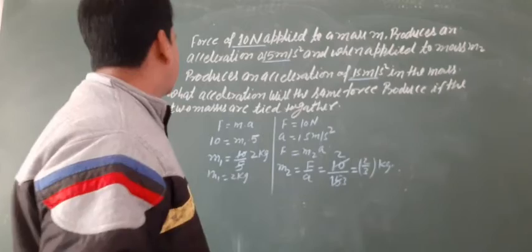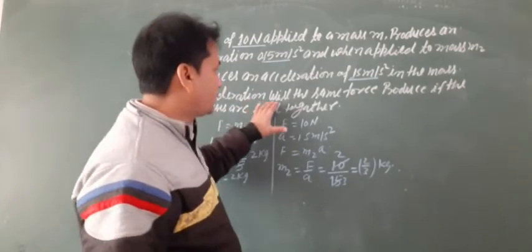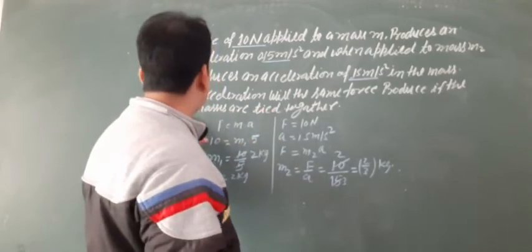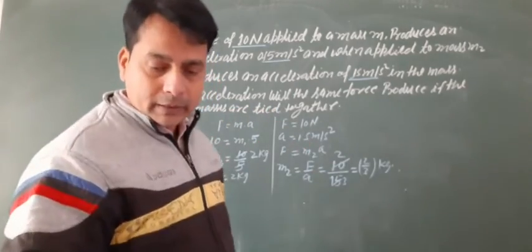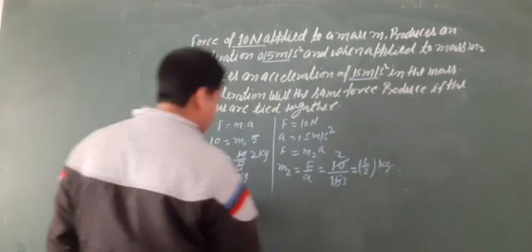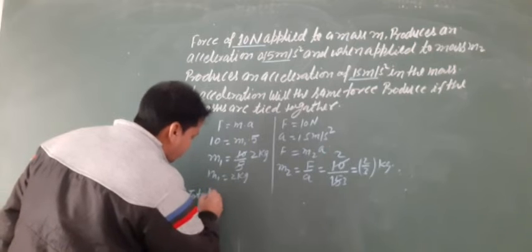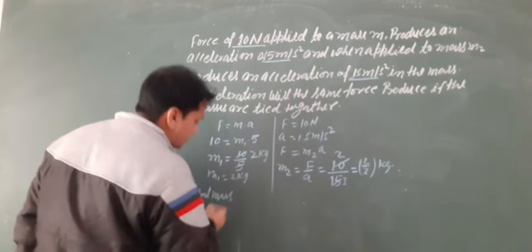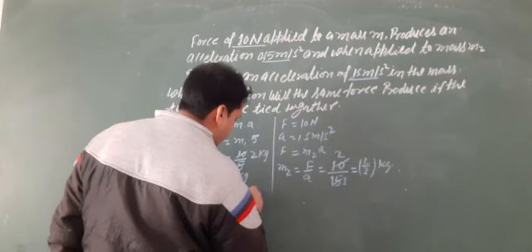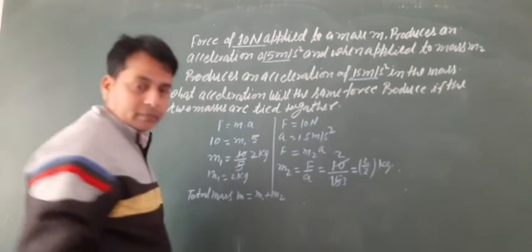So here, according to this question, what acceleration will the same force produce if the two masses are tied together? It is clear that the two masses tied together means the total mass of the object, total mass m equals m1 plus m2.